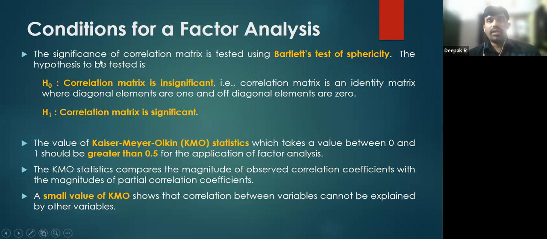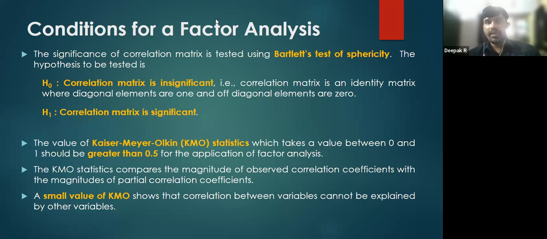The null hypothesis is that the correlation matrix is insignificant, meaning the correlation matrix is an identity matrix, where the diagonal is one. The alternative hypothesis is that the correlation matrix is significant.